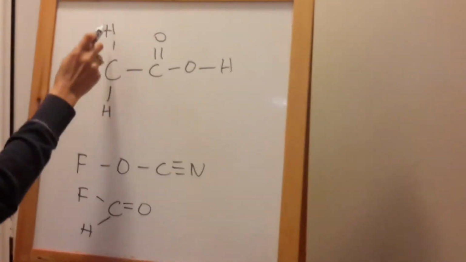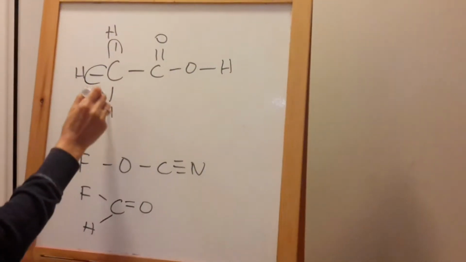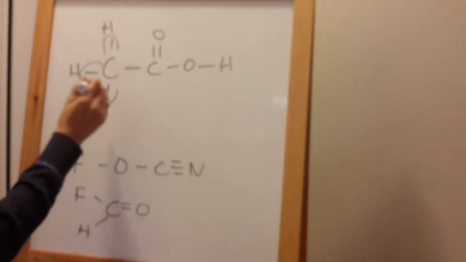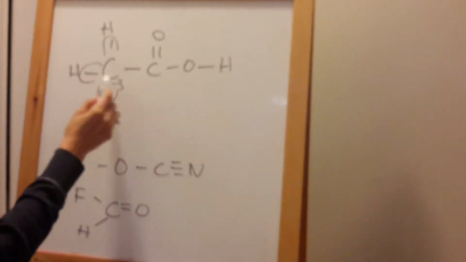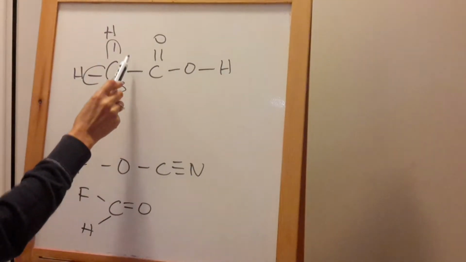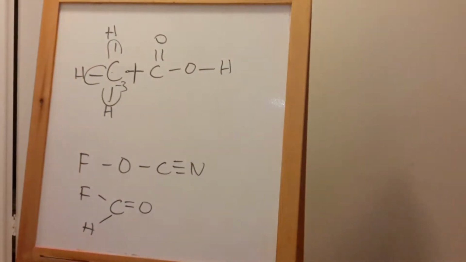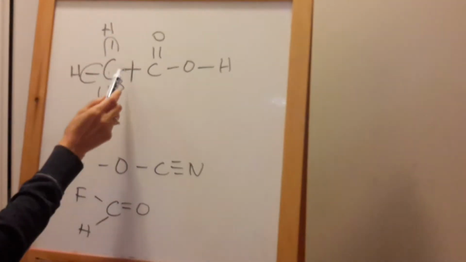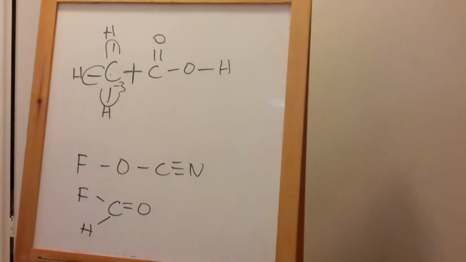Because carbon is more electronegative than hydrogen, it will take each of these 3 hydrogen electrons, and therefore end up with a charge of -3. Here it's bonded to itself, and because they have equal electronegativity, we just divide the electrons equally among them. Since this electron was originally carbon's, remember that it has 4 valence electrons, it's not gaining or losing it, it belonged to it, so it's not going to give it a charge.